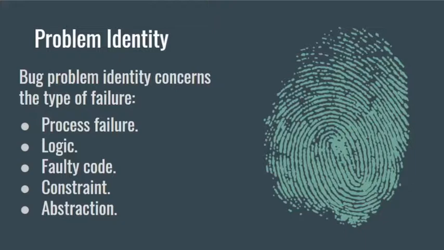The process failure means negligence or human error may lead to process failure and result in malfunction. The logic implies errors in logic processing, and this may hinder the functionality of interrelated parts of a system.